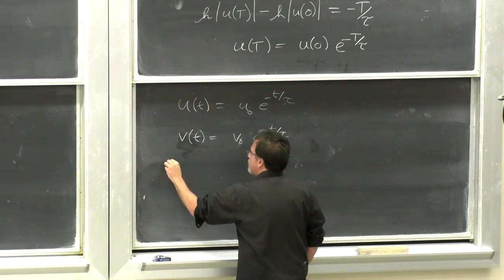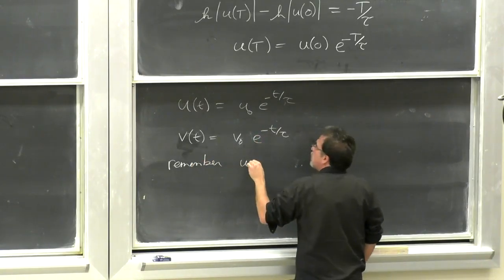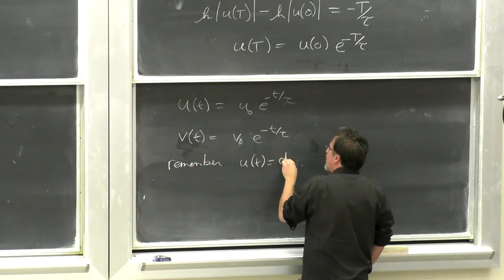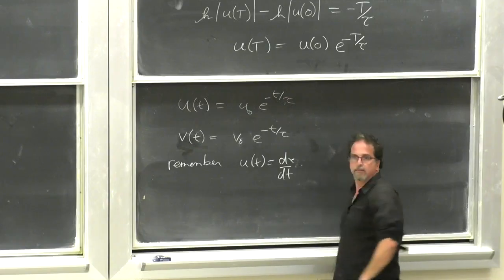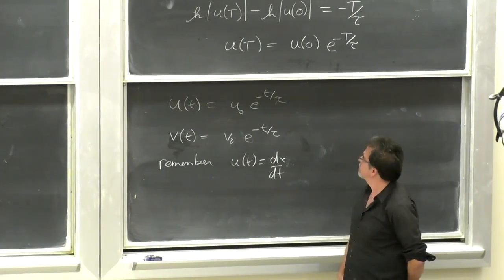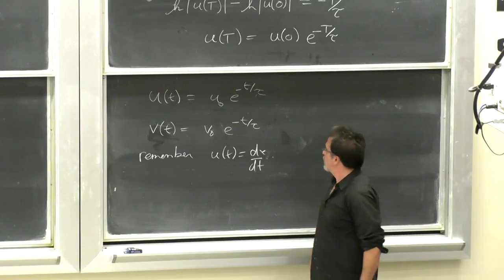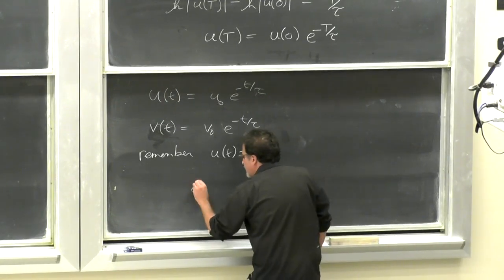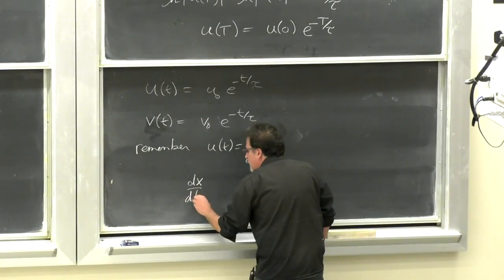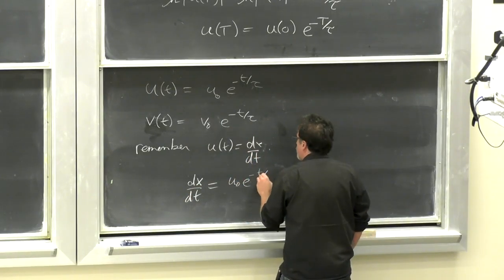So remember that u of t equals dx dt. You good with that? So let's write that out. That says dx dt is equal to u0 e to the minus t over tau.